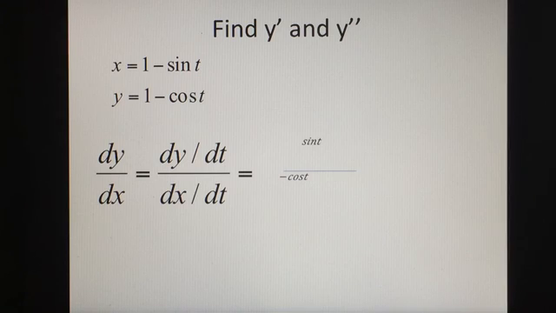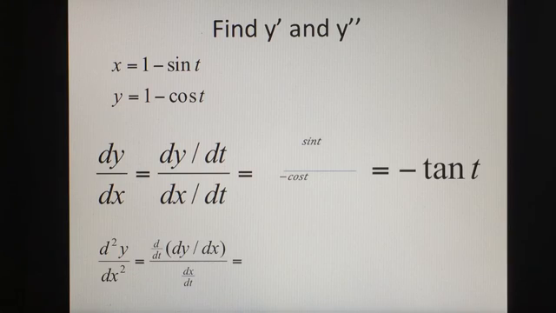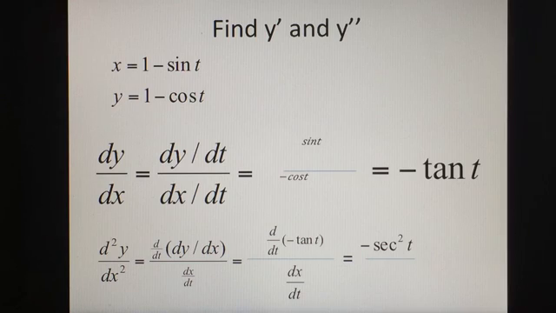Simplifying that, you get negative tan of t. To find the second derivative, again use that formula, d/dt of dy/dx over dx/dt. So d/dt of negative tan of t over dx/dt is negative secant squared t over negative cosine t. Simplifying that, you get 1 over cosine cubed t.